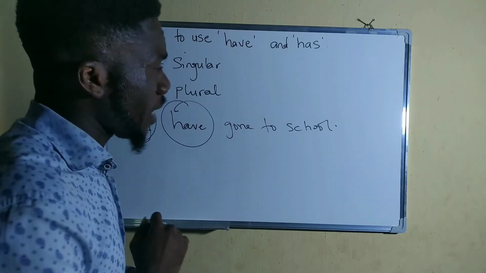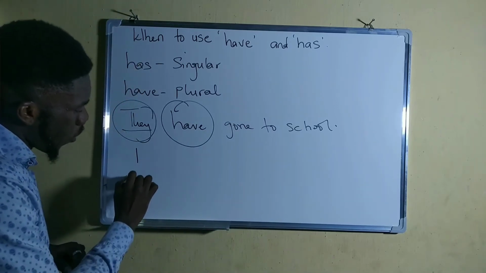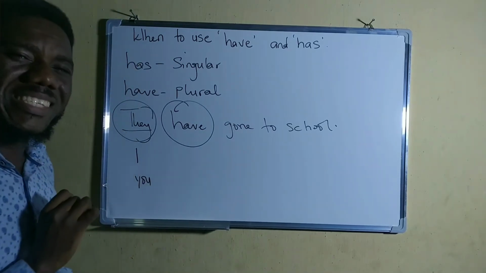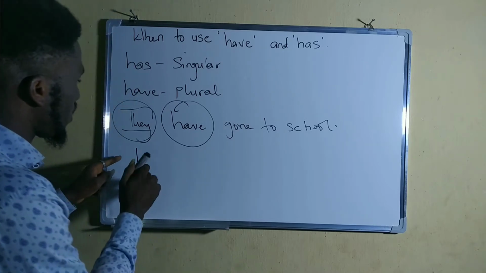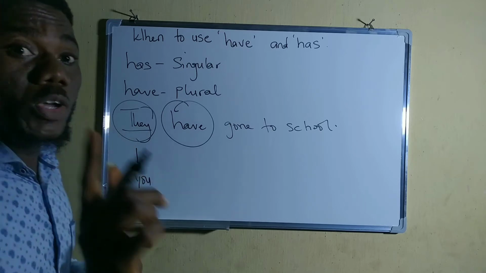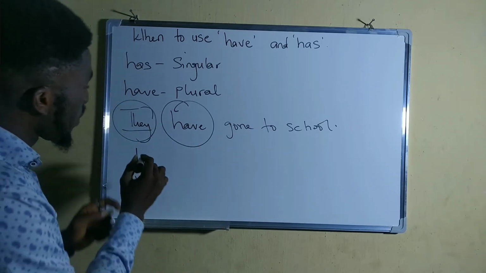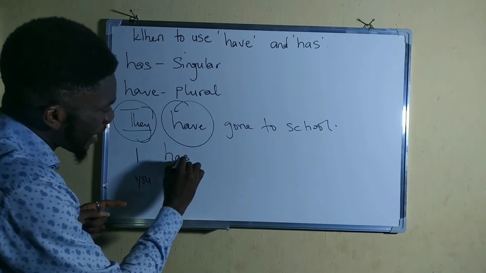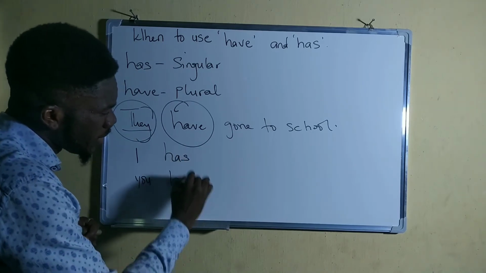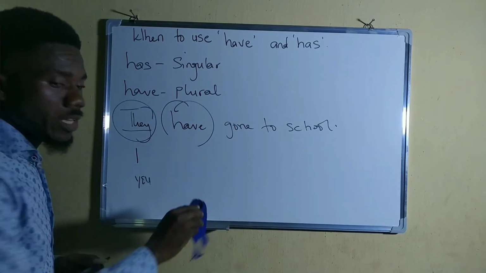Now, apart from that, whenever you make use of I or you in a sentence, these two words, in as much as they are singular in nature, each of them must go with this have. It is also a rule. Therefore, we don't have anything like I has or you has. These two are wrong. We don't have sentences this way.